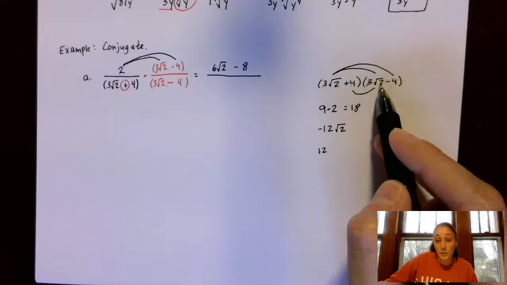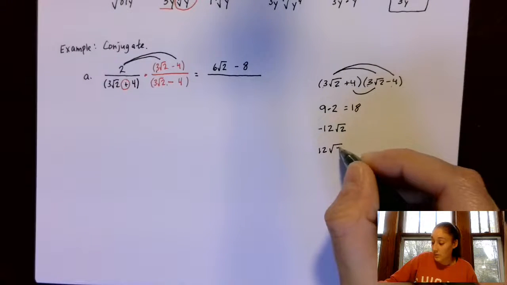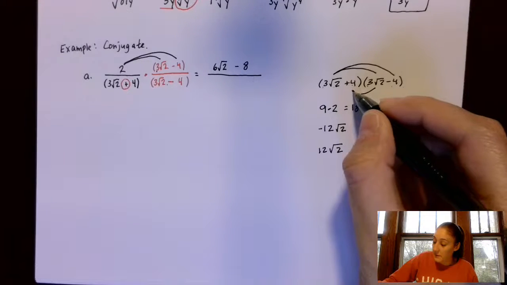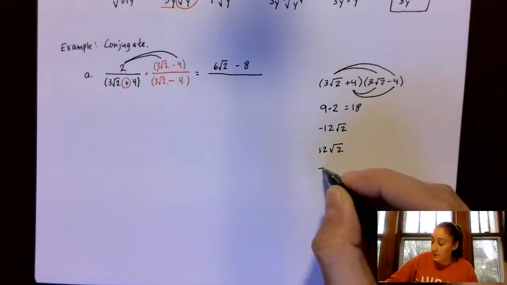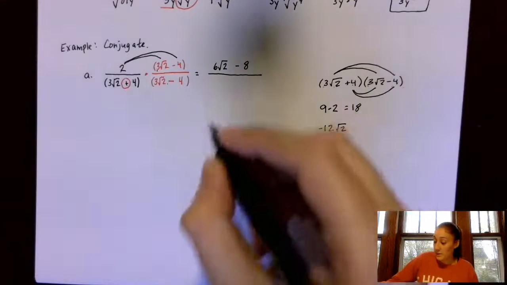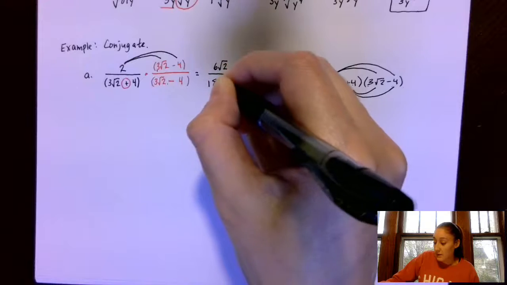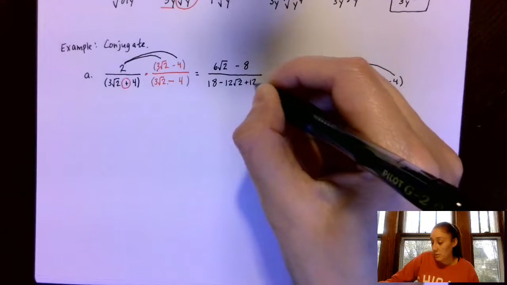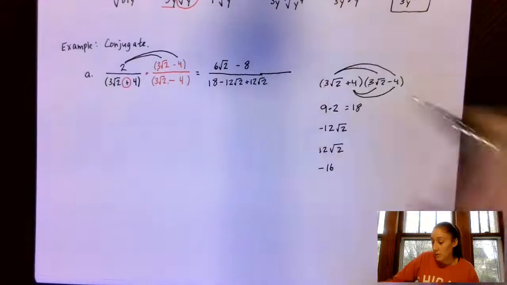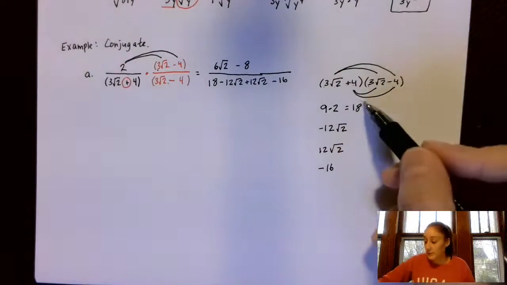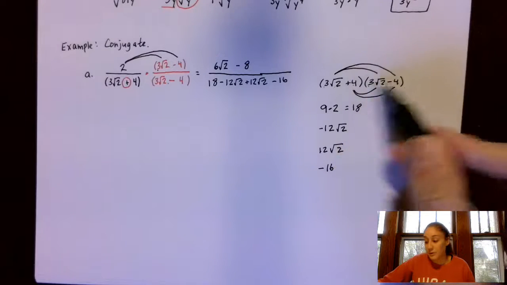And then I have nothing to multiply that radical 2 by, so radical 2. Alright, and then lastly we have 4 times negative 4, which is negative 16. So I'm going to go ahead and put all this together. So I have 18 minus 12 radical 2 plus 12 radical 2 minus 16. Okay, so that's everything I got here when I distributed.